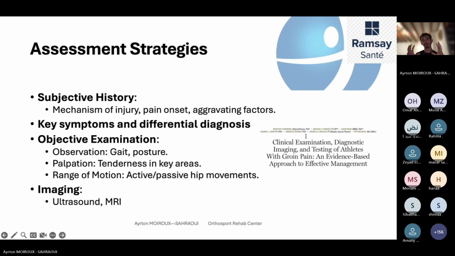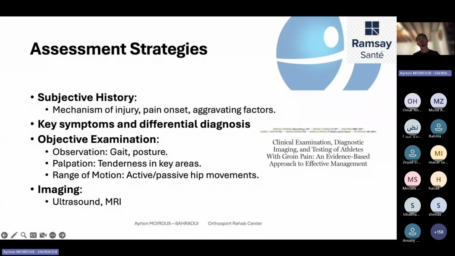So keep the palpation, okay, for after all the tests. You have to test the range of motion, of course, active and passive range of motion of the hip, and the functional assessments. Evaluate how the pain manifests during sport-specific tasks or during squats, split squats, glute bridge, during any exercises where you can assess the athletes in front of you.